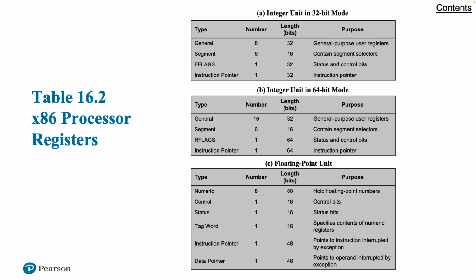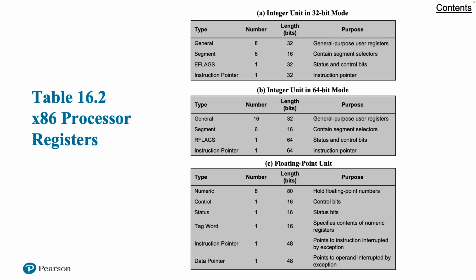We have control: the 16-bit control register contains bits that control the operation of the floating point unit, including the type of rounding control, single, double, or extended precision, and bits to enable or disable various exception conditions. We have status: the 16-bit status register contains bits that reflect the current state of the floating point unit, including a 3-bit pointer to the top of the stack, condition code reporting the outcome of the last operation, and exception flags.